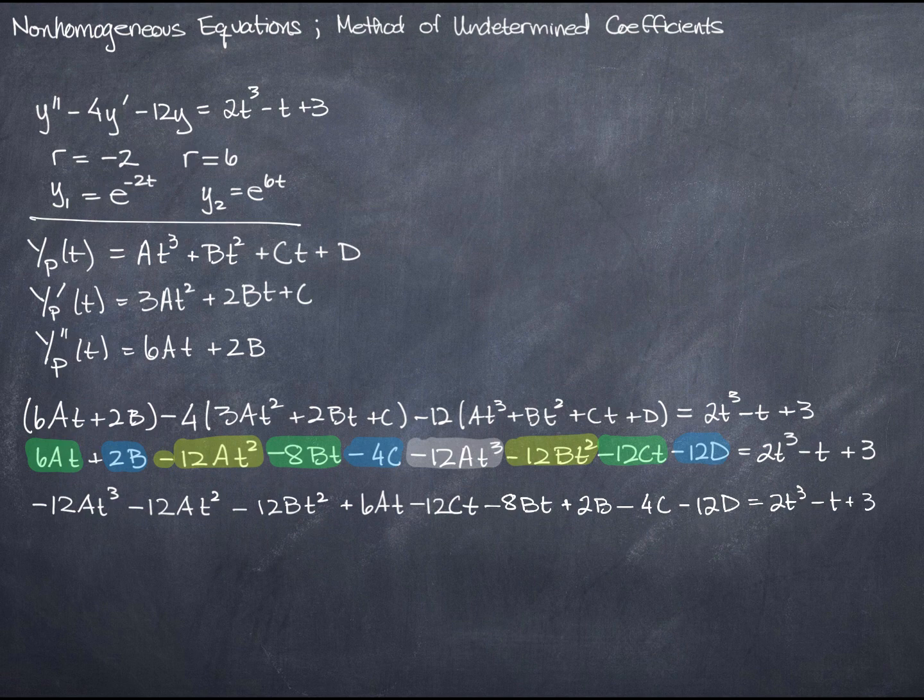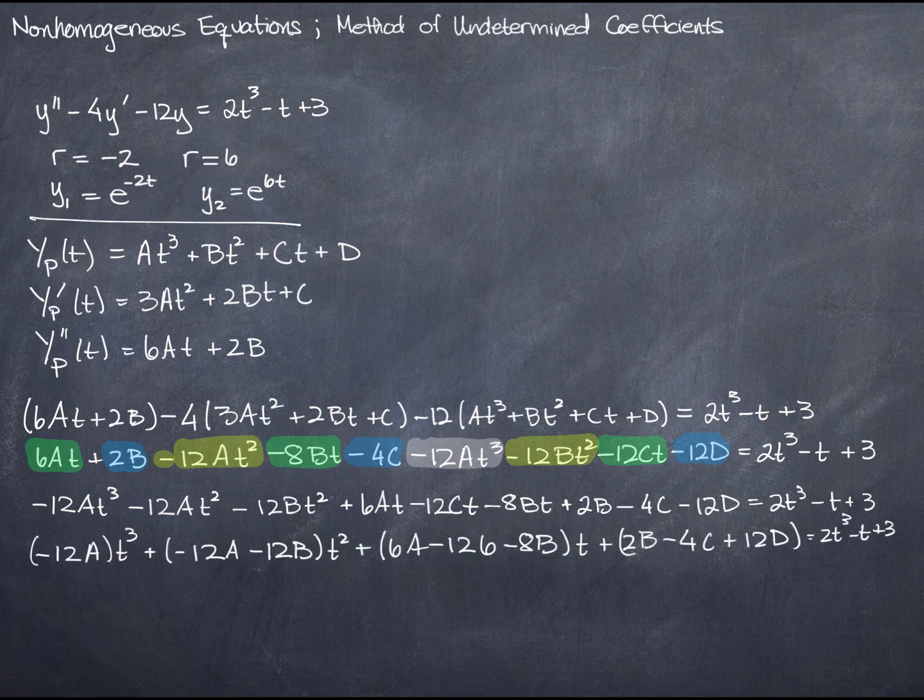Now I'll factor out those t cubes, t squareds, and so on. So I have a coefficient of t cubed, that's negative 12a, coefficient of t squared, that's negative 12a minus 12b, coefficient of t, which is 6a minus 12b, that should be, and no it wasn't, it was 12c after all.